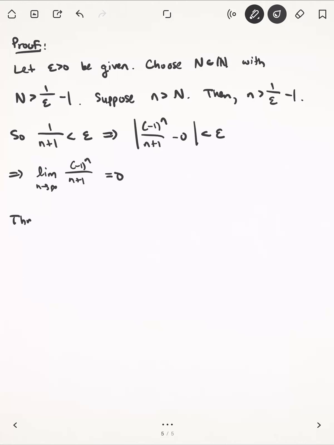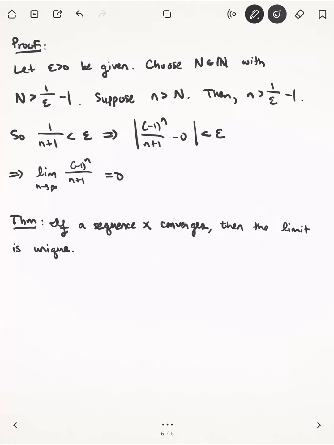Okay, and so here's a nice theorem. You might be curious, can a sequence ever converge to more than one number? Well, this theorem says no. If a sequence X converges, then the limit is unique.